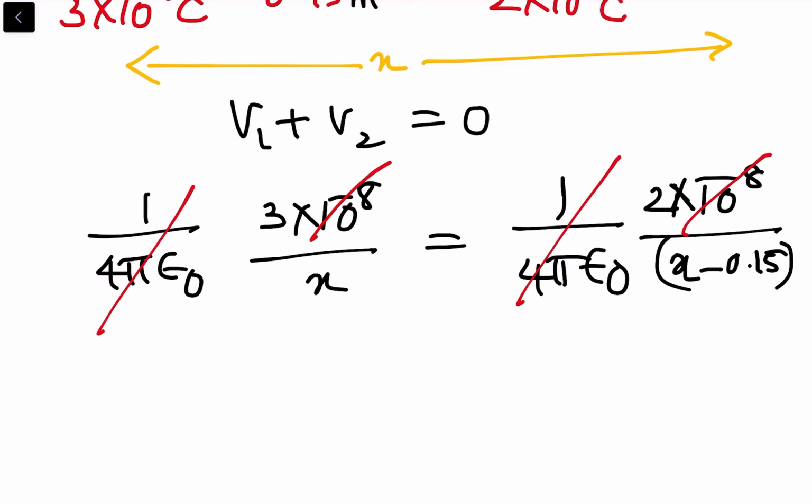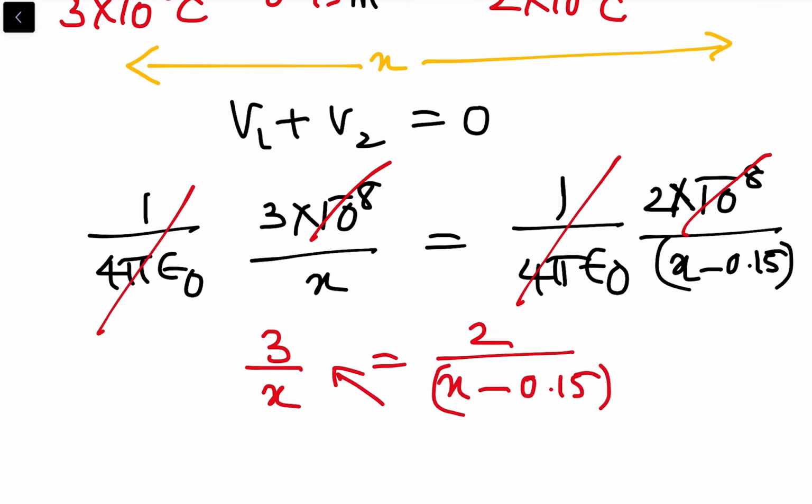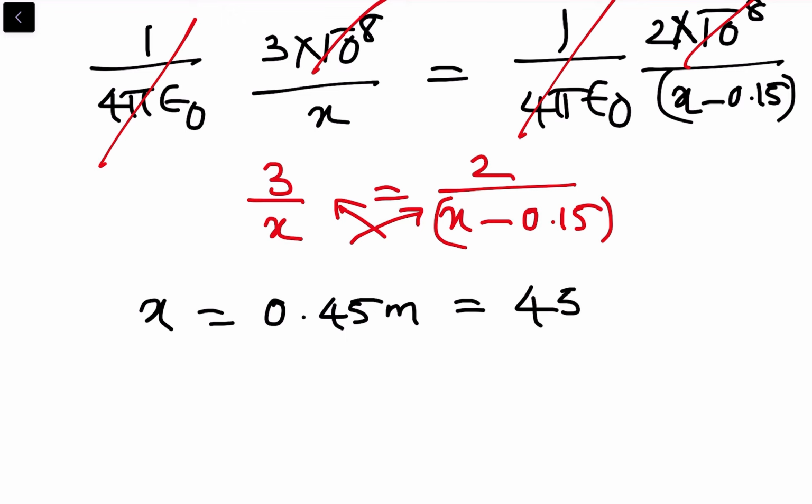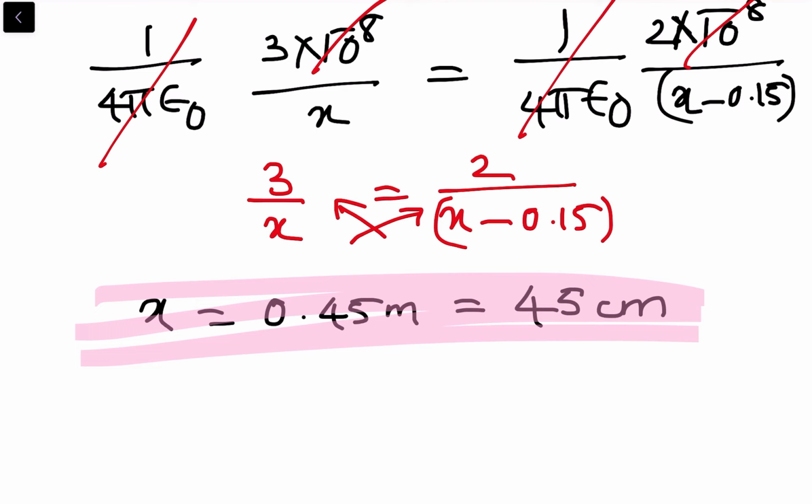Now you will get 3 by x is equal to 2 by x minus 0.15. Take the cross multiplication and simplify. Once you simplify, you will get x is equal to 0.45 meters, that is 45 centimeters. So this is the answer when the point lies outside.